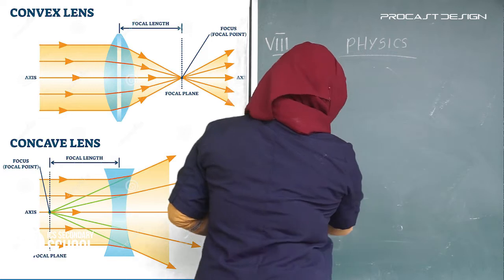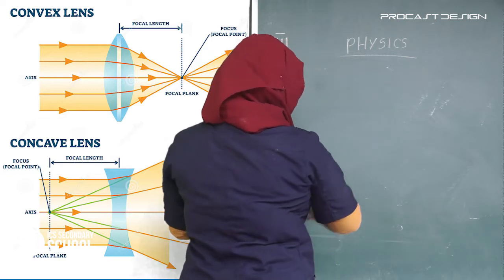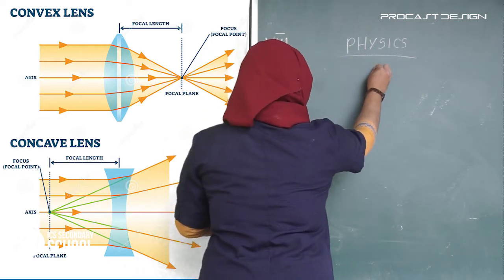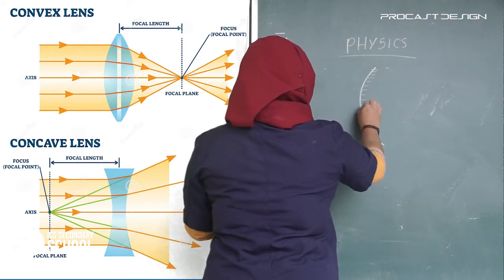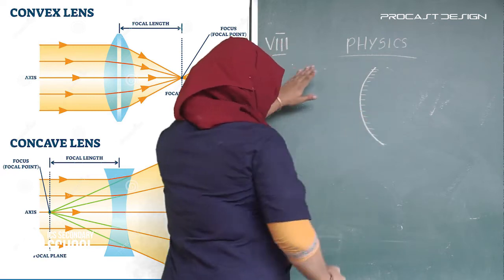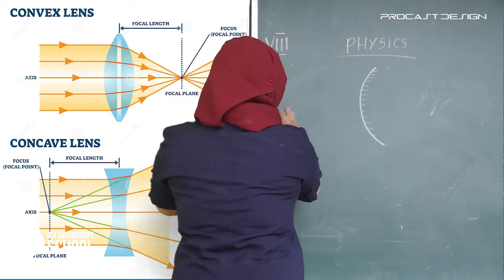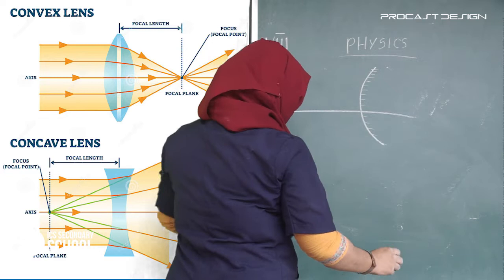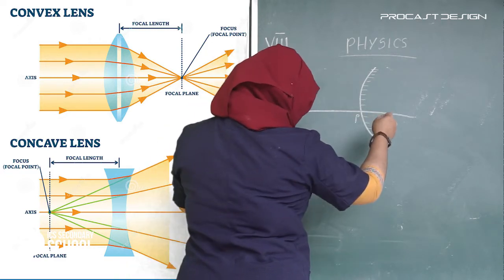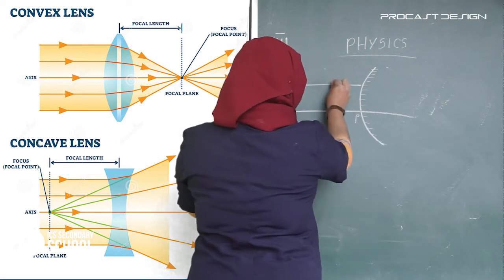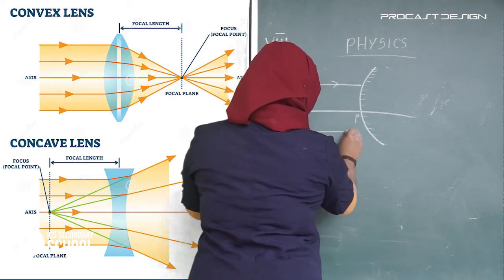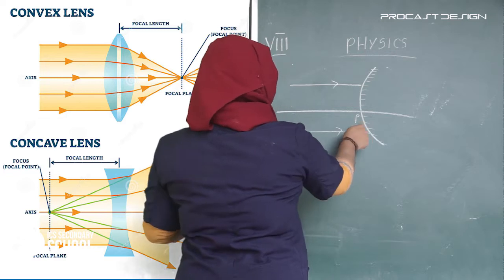In a convex mirror, yes, the reflecting surface is here. So, this is the principal axis. Then, when light rays are incident, is it reflected here?